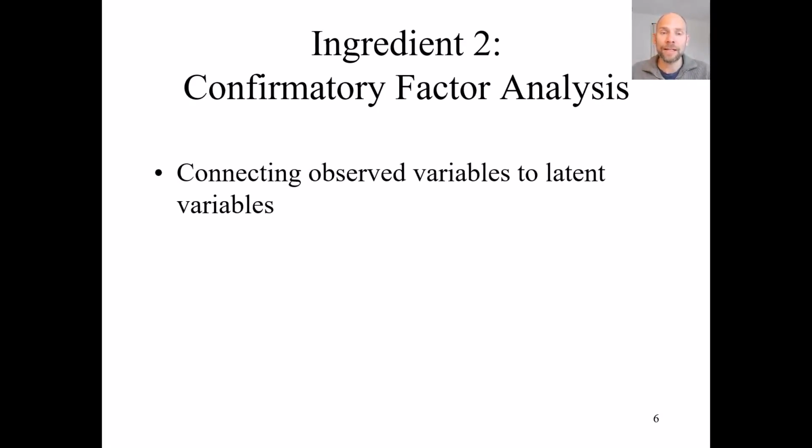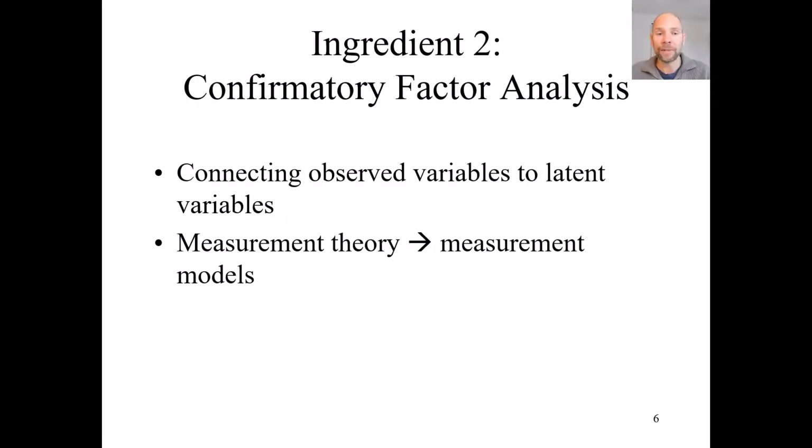Confirmatory factor analysis allows us to connect our observed variables, the measured variables or indicators as we say, to so-called latent variables. The latent variables are corrected for measurement error. And so we're using measurement theory to define measurement models that can then be estimated as models of confirmatory factor analysis.